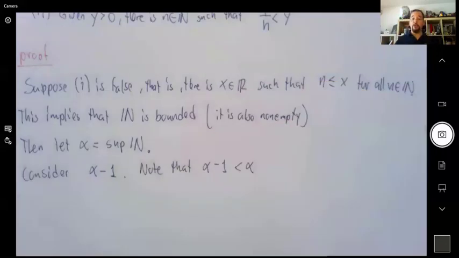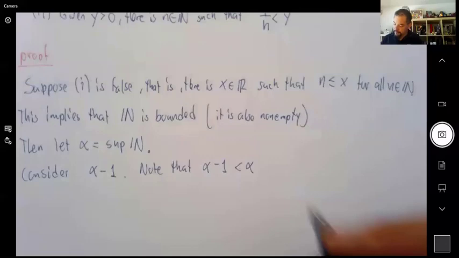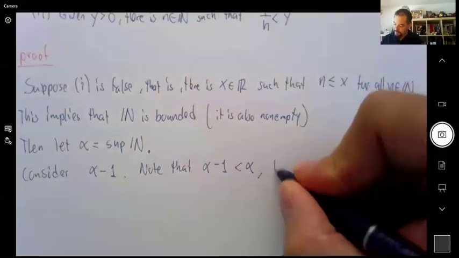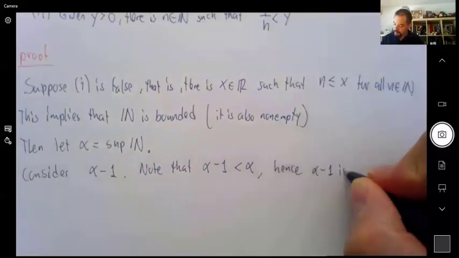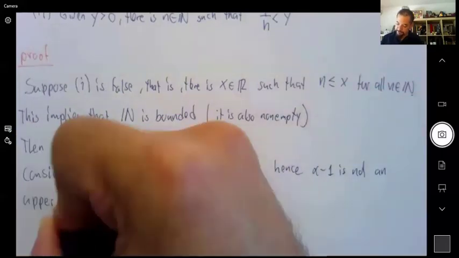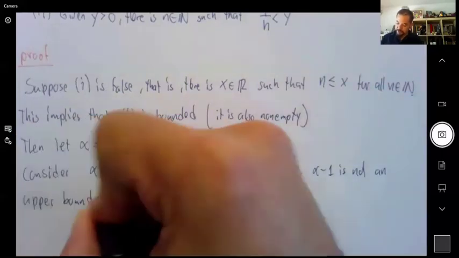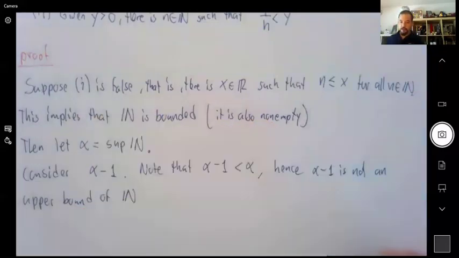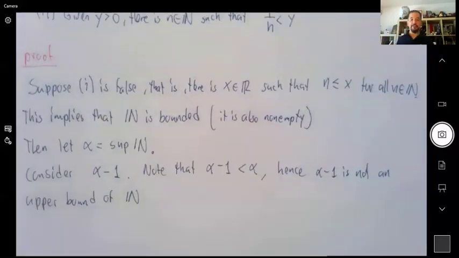And because it's smaller than alpha, it cannot be an upper bound, because if it were an upper bound, it would be smaller than the least upper bound. Hence, alpha minus 1 is not an upper bound of the natural numbers. And if it's not an upper bound of the natural numbers, that means there is some natural number that is bigger than alpha minus 1.